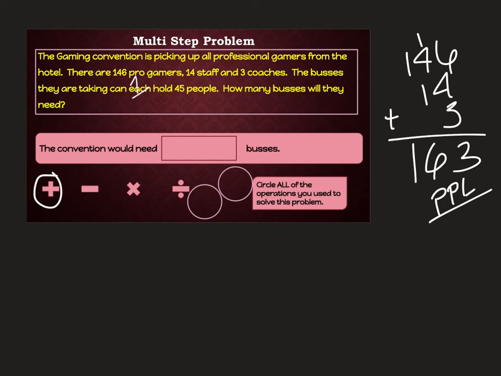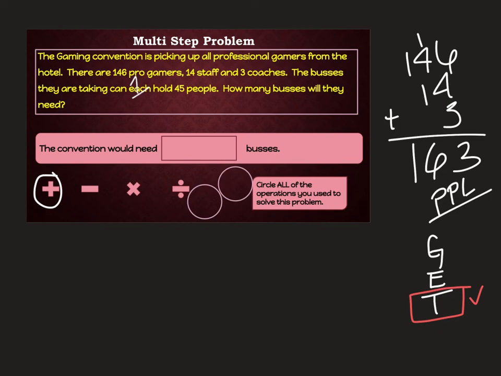Okay, well, I can use my get strategy here too to figure out if I need to multiply 163 times 45 or if I need to divide it. So, again, I'm going to ask myself this question. Do I have a total? And I do. The total number of people I have is 163.